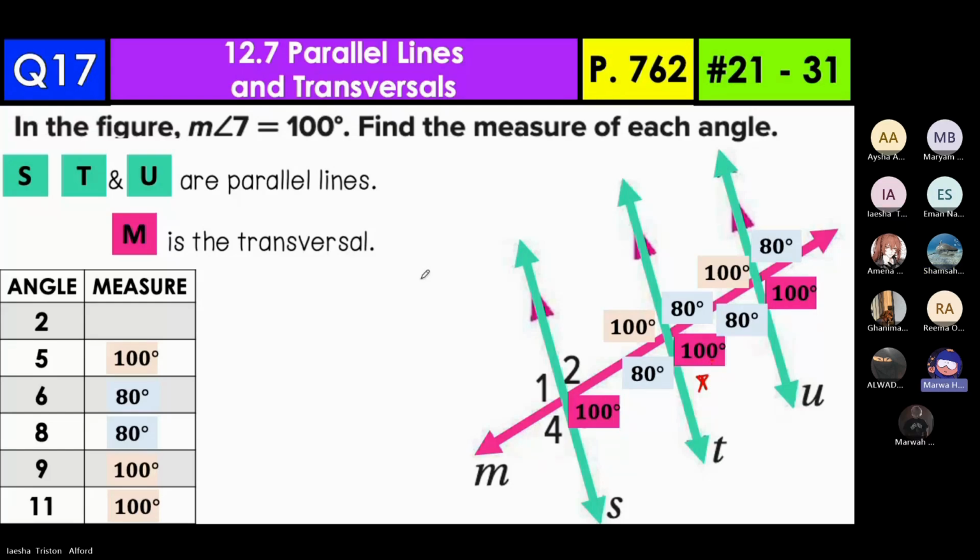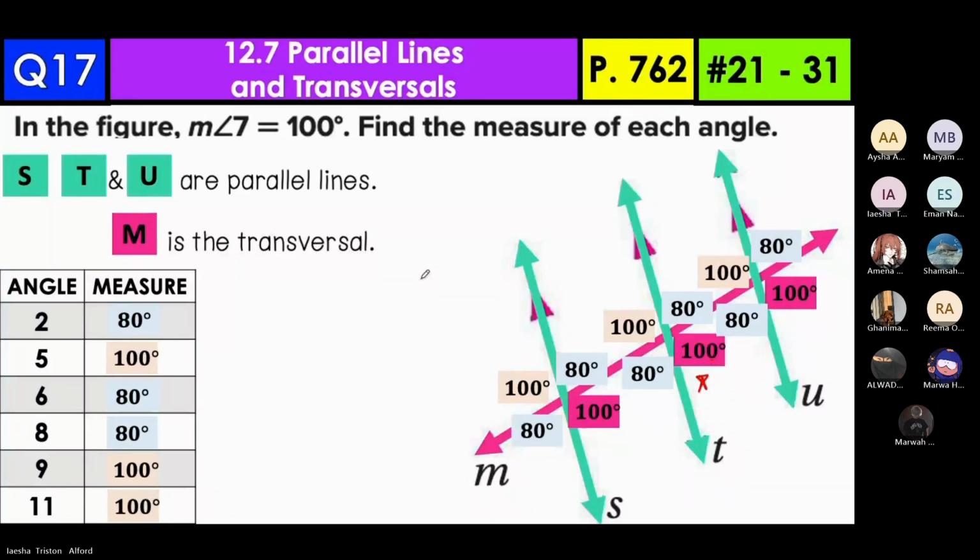Vertical angles are equal and 100. Angle number 2. Name and how? Linear pair, 180 subtract 100 equal 80. Fine. And number 4. Vertical. Vertical angles are equal, 80.